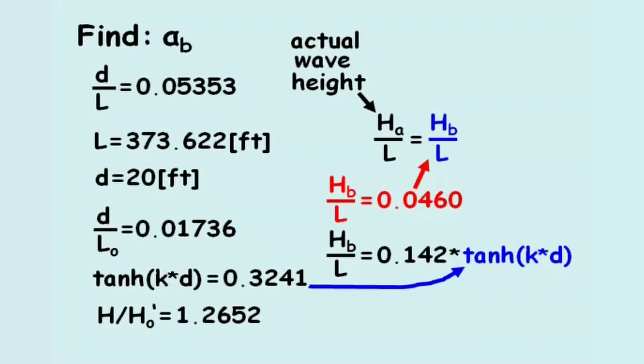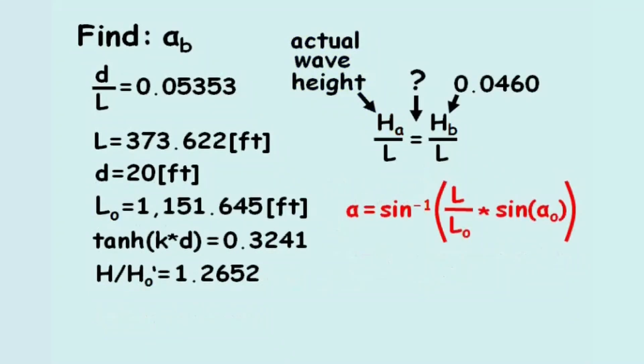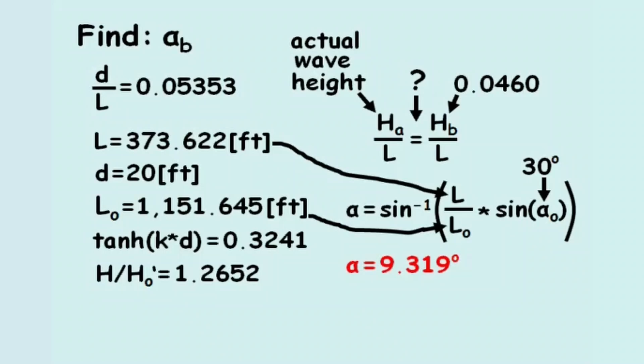Solving for the actual wave height, ha, we must first compute the approach angle the wave would make at a depth of 20 feet. And after plugging in the known variables of L, L naught, and alpha naught, the crest line of the wave would be 9.319 degrees offset from the ocean bottom contours.